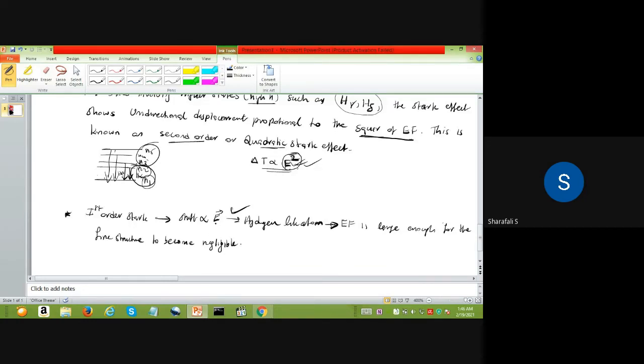And in the case of other atoms, heavier atoms, unlike hydrogen, they show the second order Stark effect, but it is considerably very small. Okay?